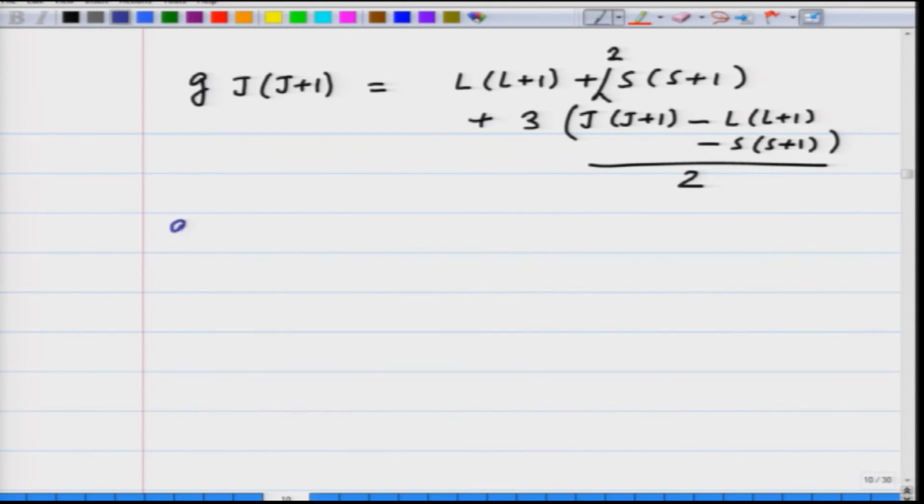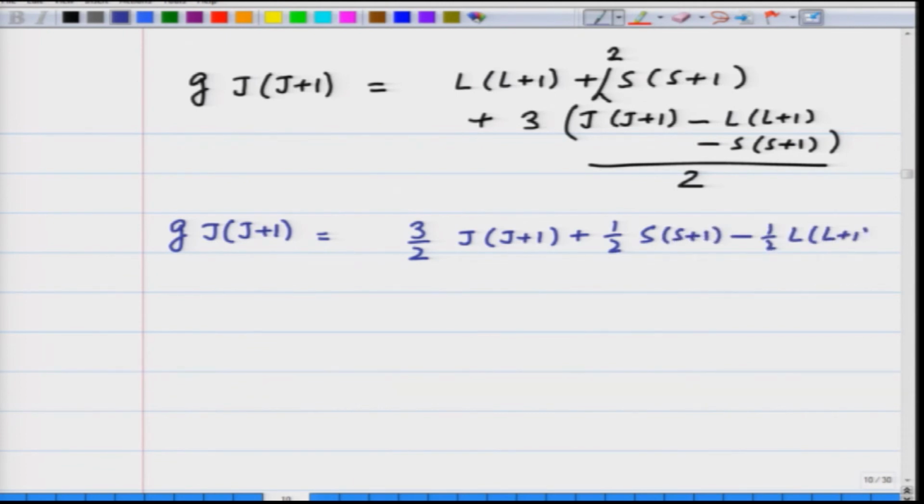This gives g J(J plus 1) is equal to 3 by 2 J(J plus 1) plus 1 by 2 S(S plus 1) minus 1 by 2 L(L plus 1).